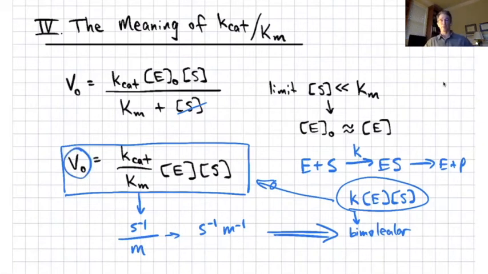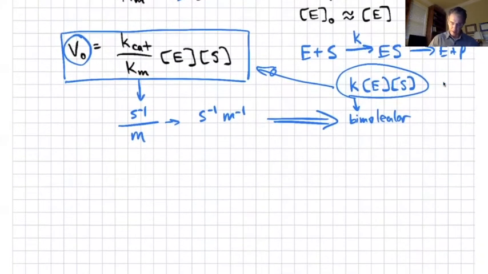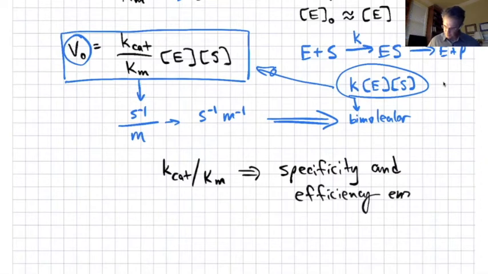So kcat over Km is such a useful and important parameter because it tells you something about both the specificity and the efficiency of an enzyme.